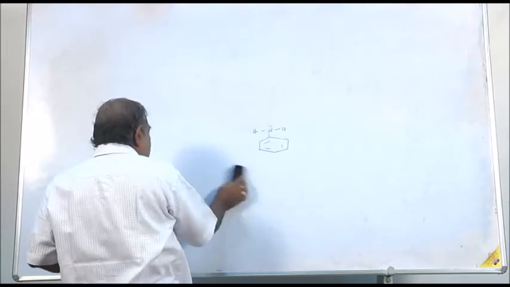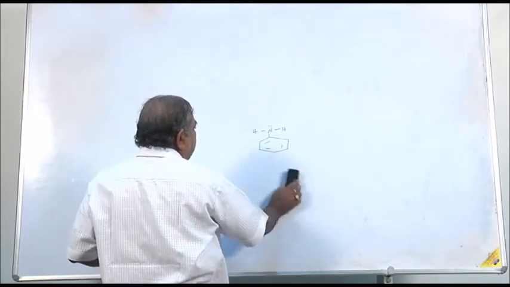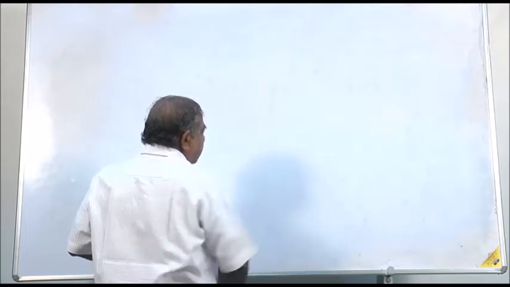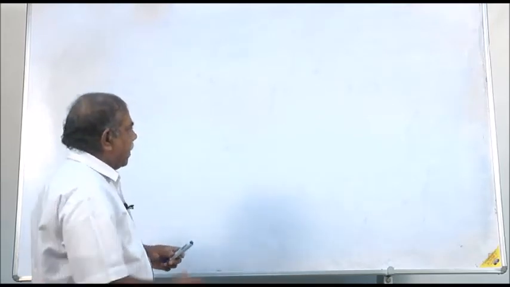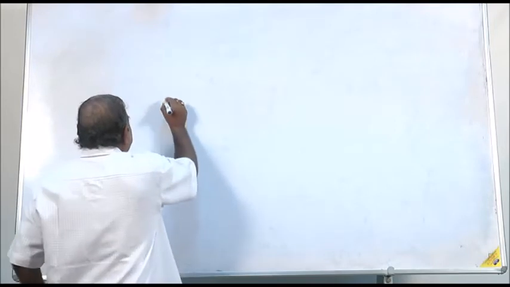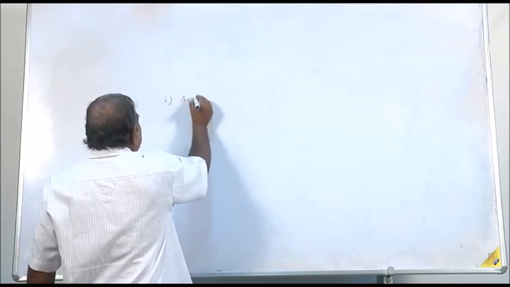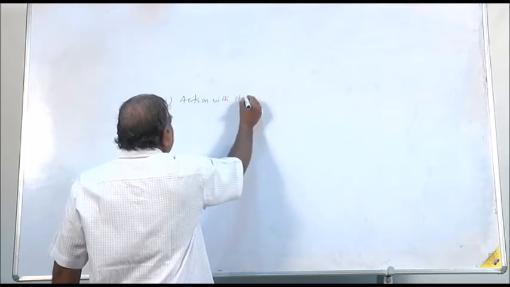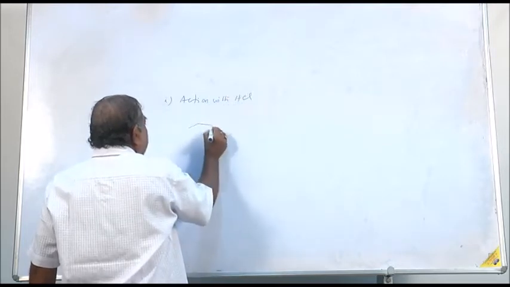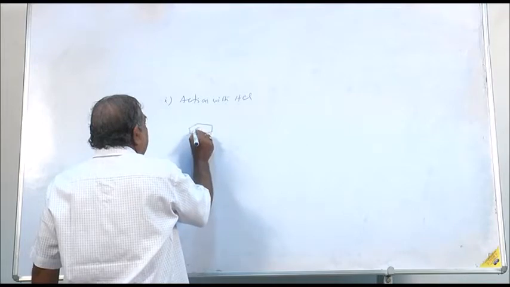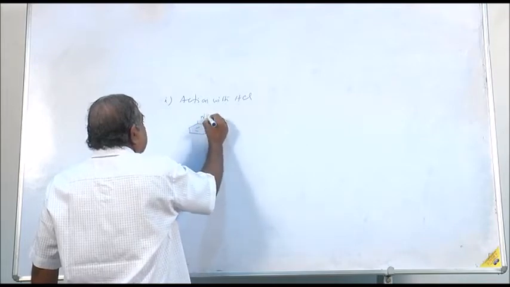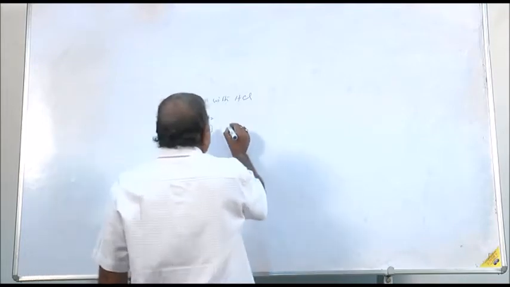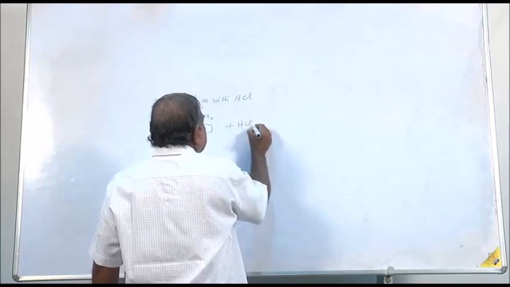If it is asked to show or prove that aniline is basic in nature, you write action with hydrochloric acid. Aniline, C6H5NH2, will form an addition compound with hydrochloric acid.